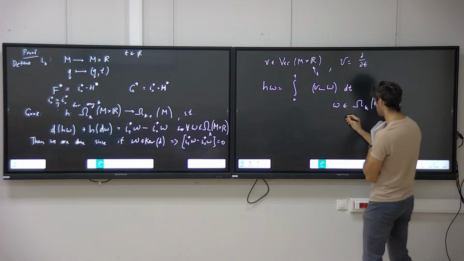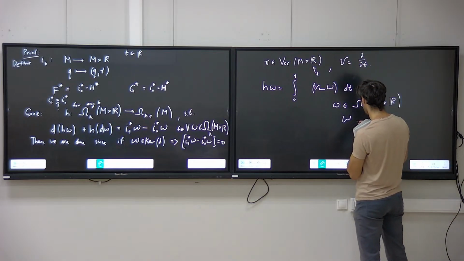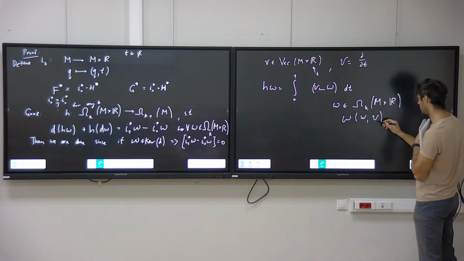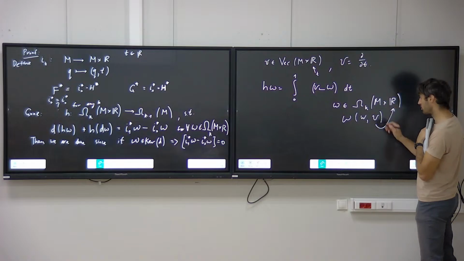Right? So omega can eat two vectors. One vector, let's call it w, and the other one v. So v is from here, and w is from here.